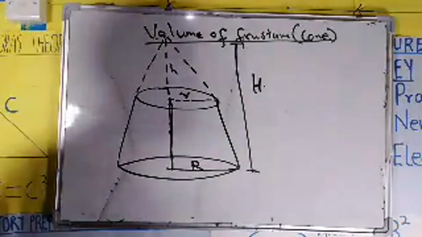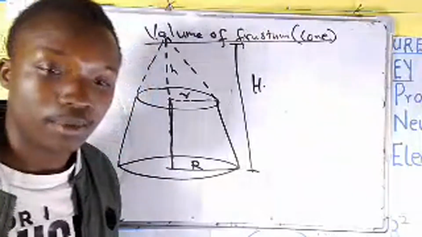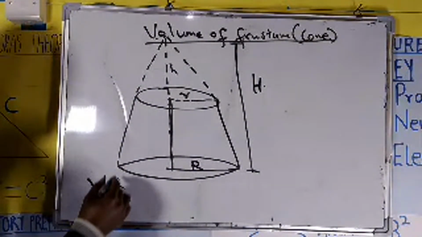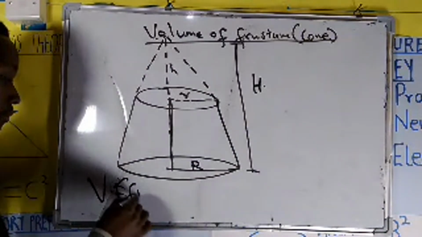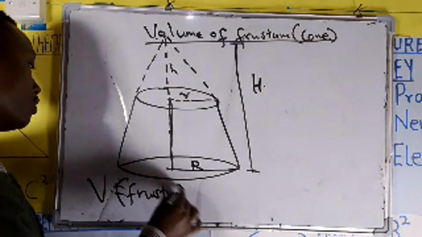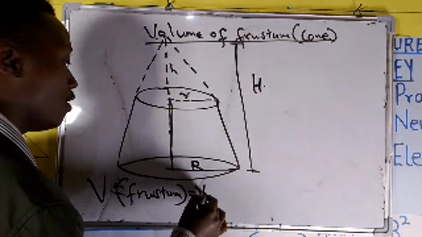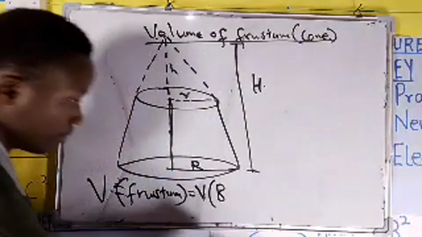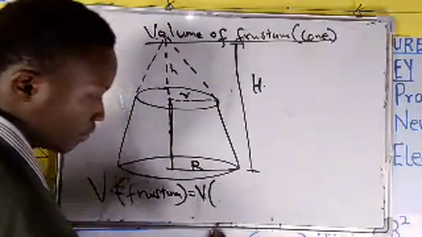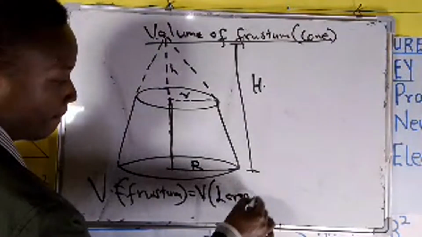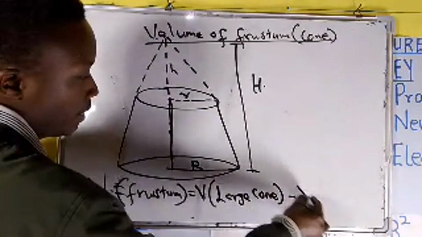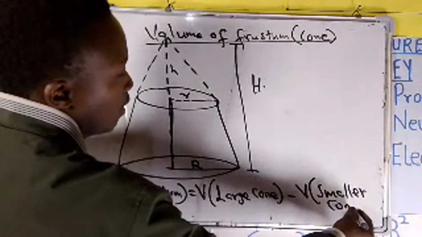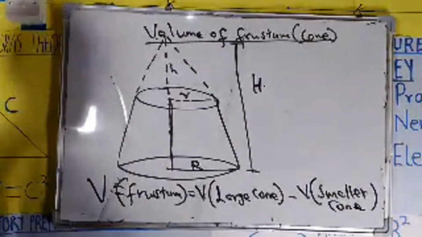So for us to find the volume of a frustum of a cone, it's very easy. The volume of a frustum is equal to the volume of the large cone minus the volume of the smaller cone. What does that mean?